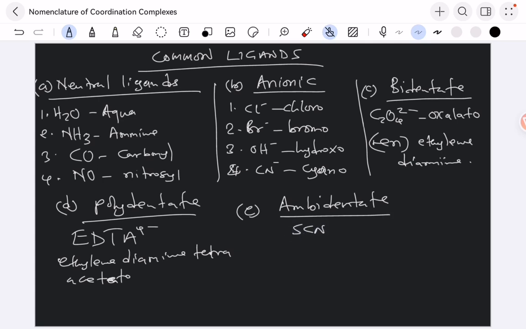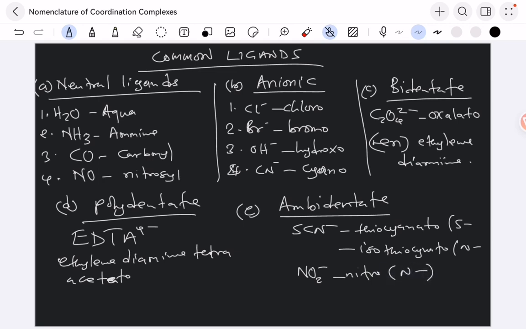So thiocyanato bonded through the S, and isothiocyanato bonded through the N. Then we have NO2, which is nitro if bonded through the nitrogen, then nitrito if bonded through the oxygen.